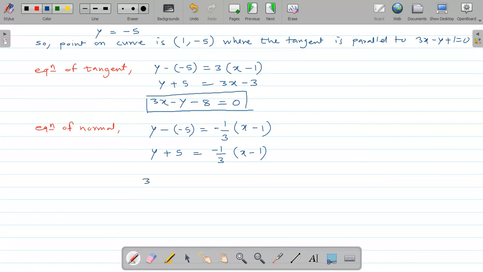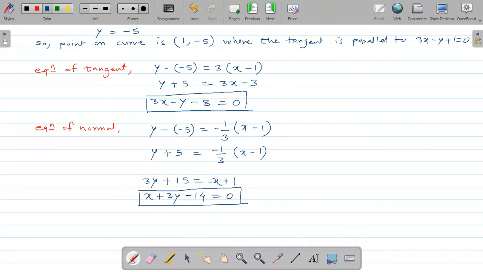You will get 3y plus 15 is equal to minus x plus 1. Okay. Now modify this. So we get x plus 3y plus 14 is equal to 0. See this. So this will be the equation of normal at this point, at the point 1 comma minus 5.